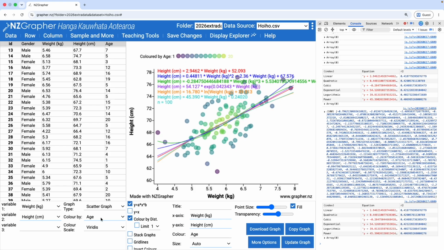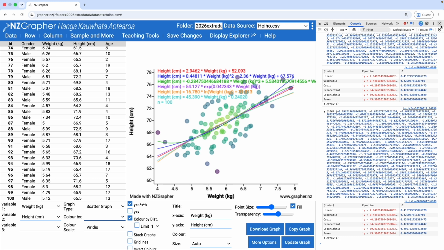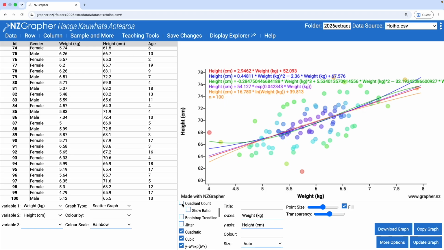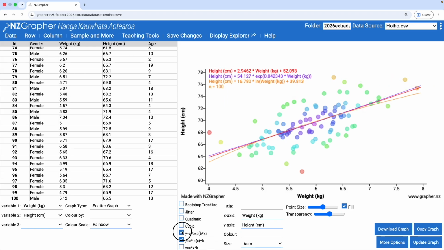Colour by distance. Let's get rid of that for a moment. What's happening there? Oh yeah, no, that is colouring it by distance. So this is a really useful way to identify outliers or unusual points.